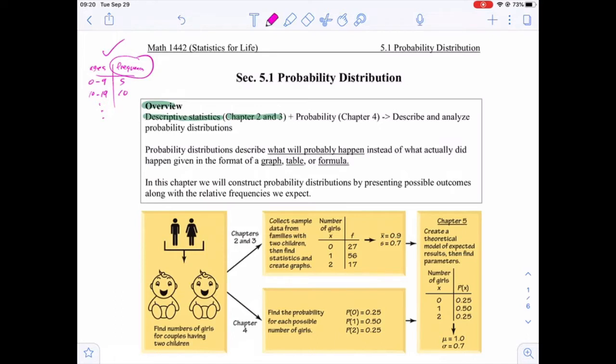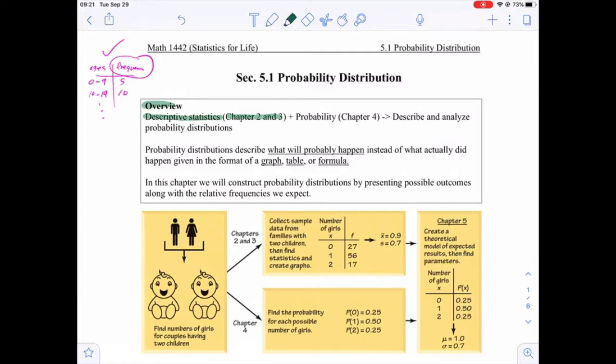Then we can analyze and study some statistics or parameters. For example, we can find the mean, the median, the mode, those are the central tendency measurements, or we can study the standard deviation, variance, and some other measures. That's what we studied in chapters 2 and 3.